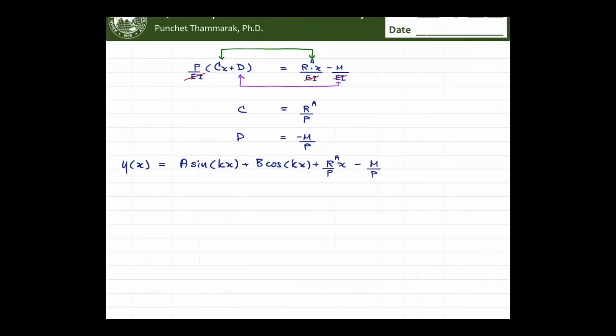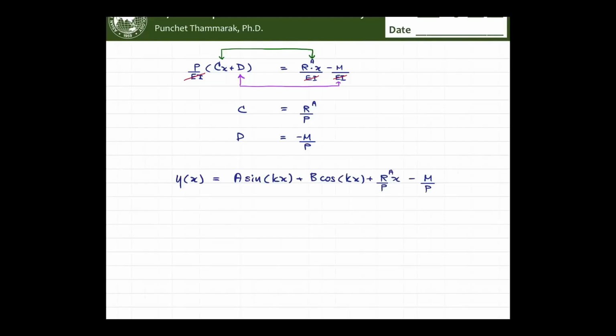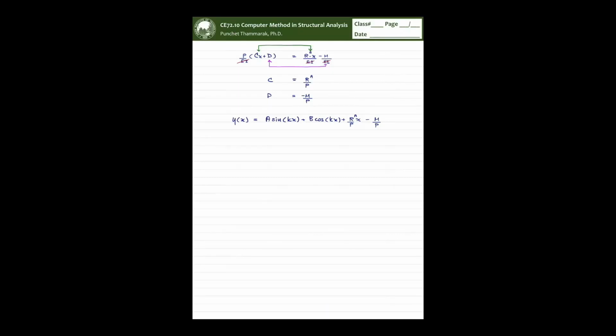Well, what is the y? Y gives us the length scale, right? For your solution y, because it gives you the deformed profile of your beam.